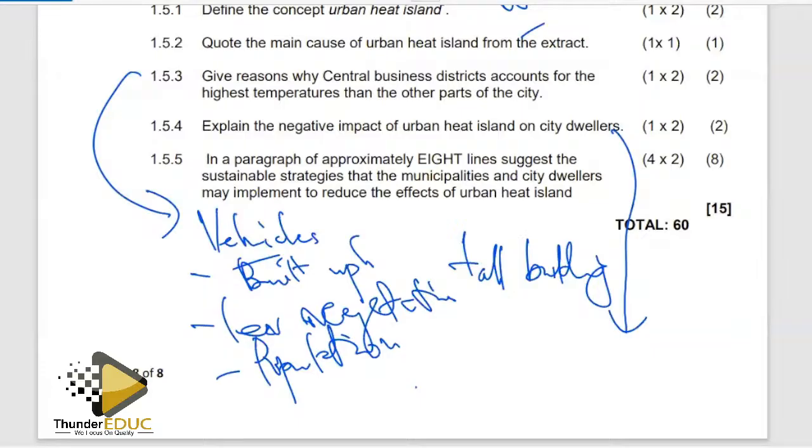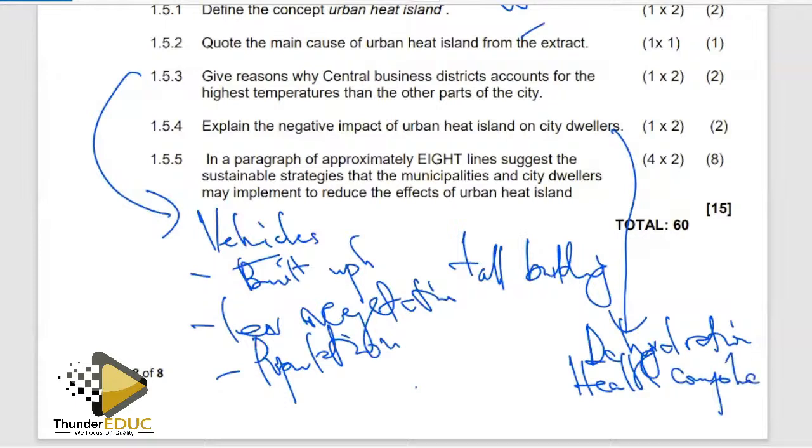You look at aspects like dehydration. People are dehydrated because of the high temperatures. The high temperatures cause them to be more dehydrated. Talk of health complications. People who have got health complications are worsened. They have got a worse situation to face because of the excessive temperatures, which are prevalent in the CBD.